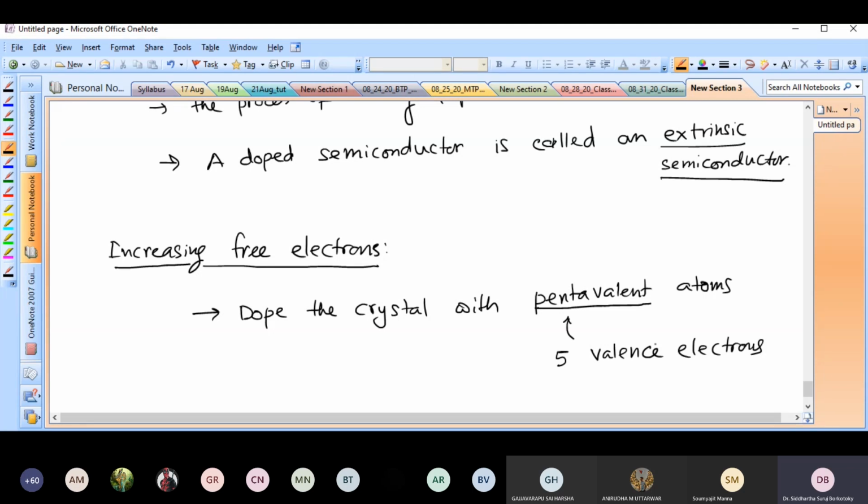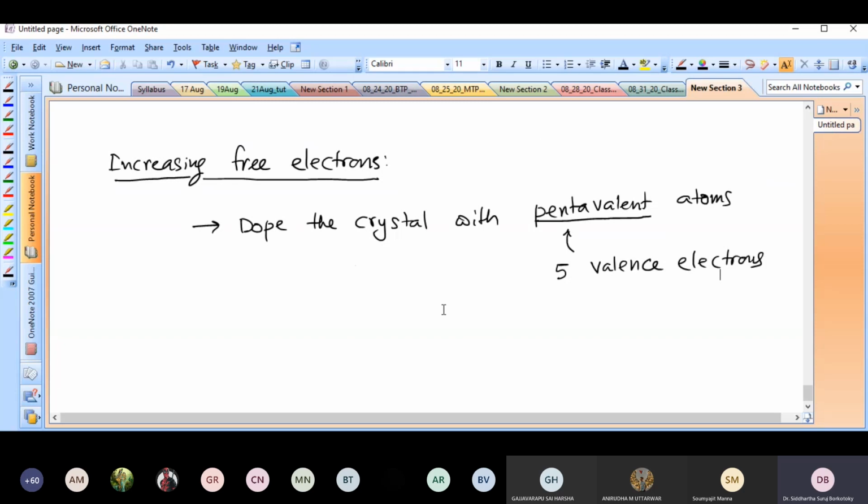And if you dope the semiconductor with a pentavalent material, then you get an increase in the free electrons. How does it happen? We will see. But what are examples of pentavalent atoms, with 5 valence electrons? The common examples are arsenic, antimony, and phosphorus.